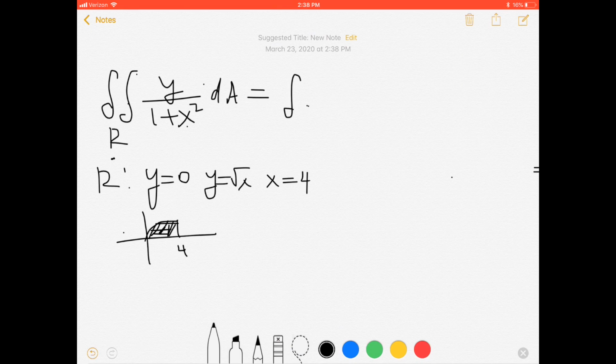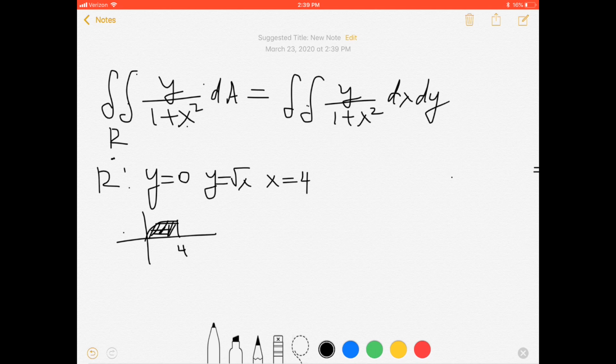Now I have the integral, and you remember I want to do a different order. This means first integrate by x, then integrate by y. The function is the same, y over 1 plus x squared. Then I have dx dy. But how is x changing?